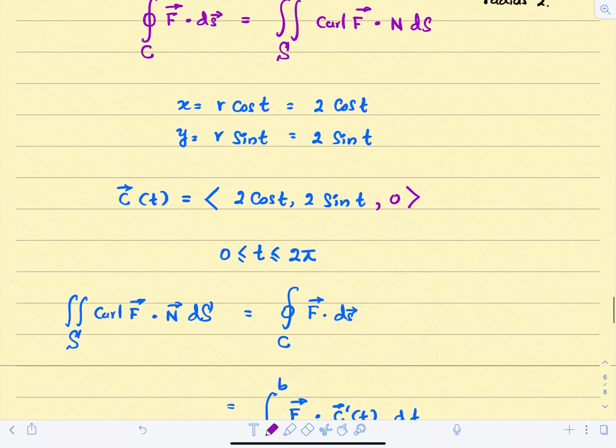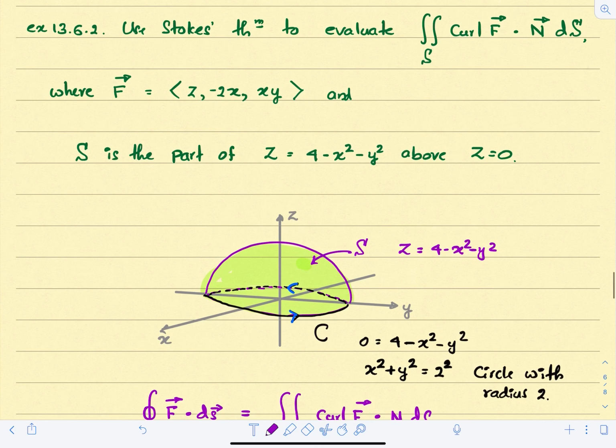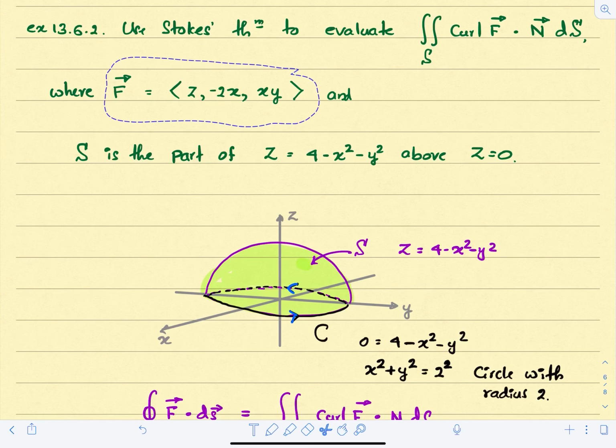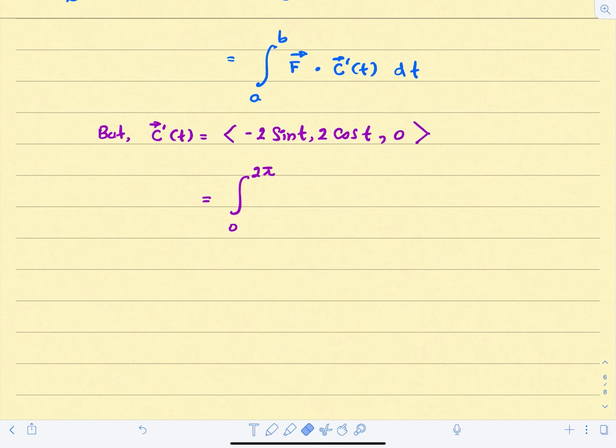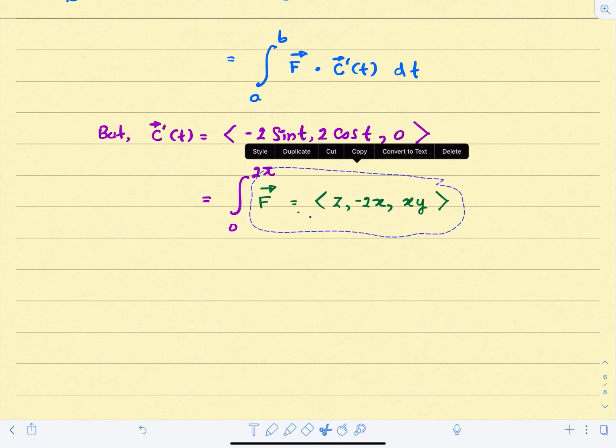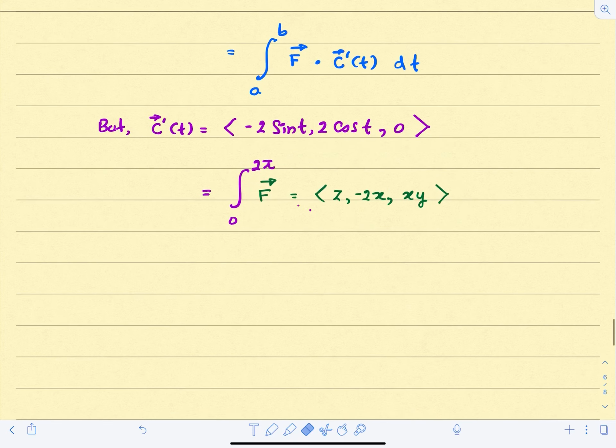And what was F? Okay, so the vector field F equals this.